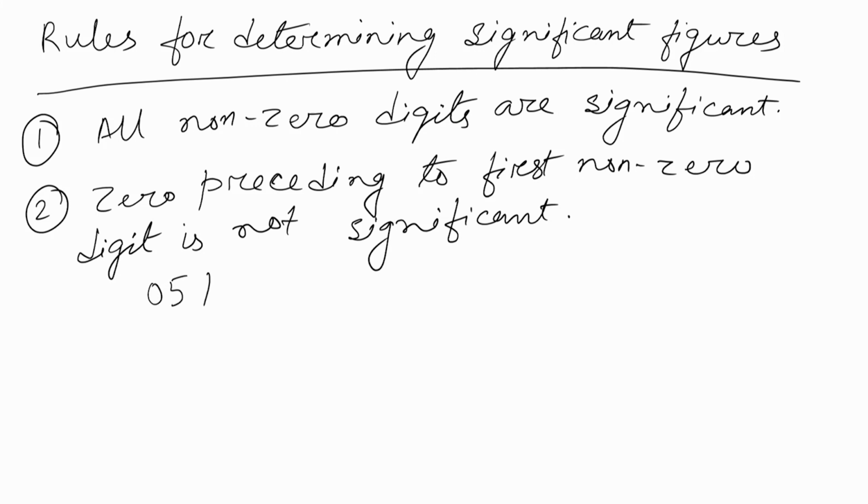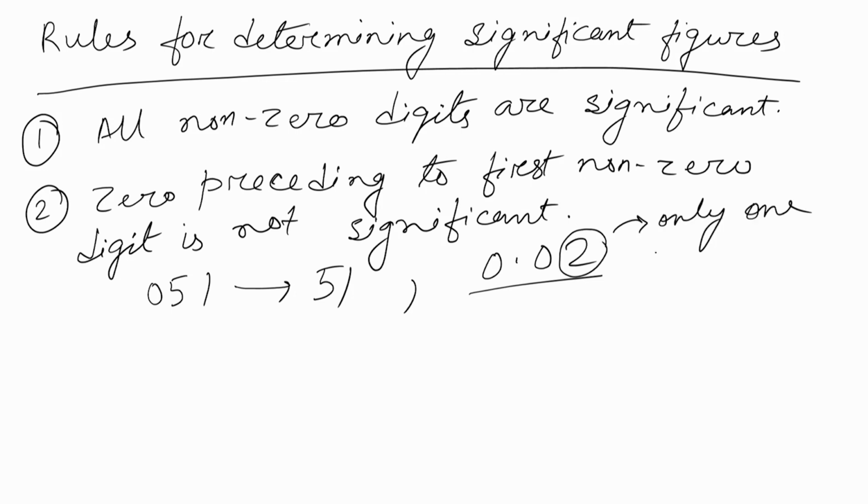Here this 0 is not significant. It is same as 51. Okay. Now 0.02. Here there is only one significant digit. Okay. Here the zeros before 2 are there to determine the decimal position and nothing else. So, there is only one significant digit, that is 2.